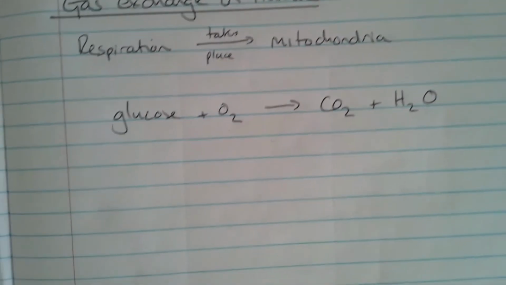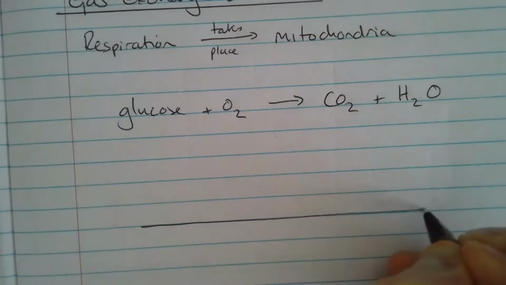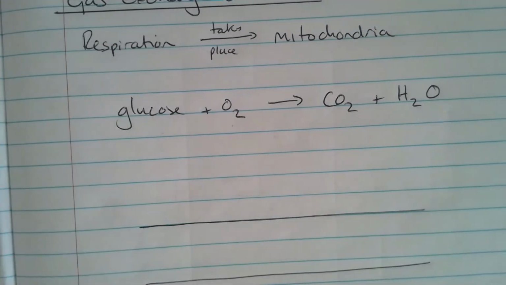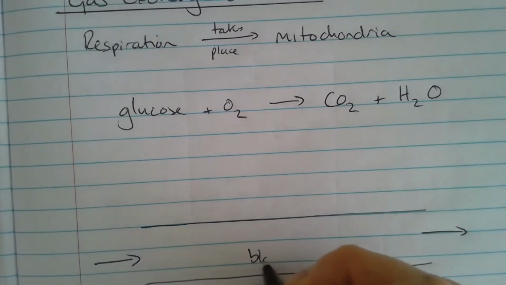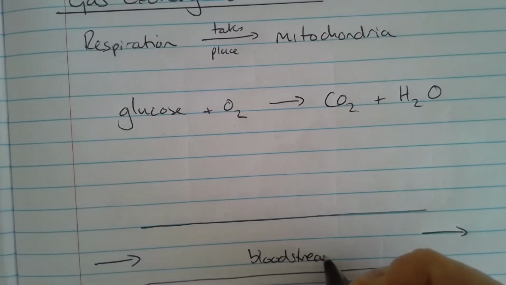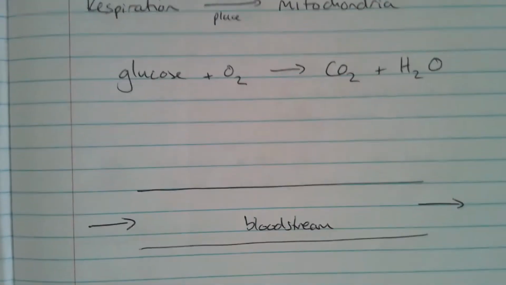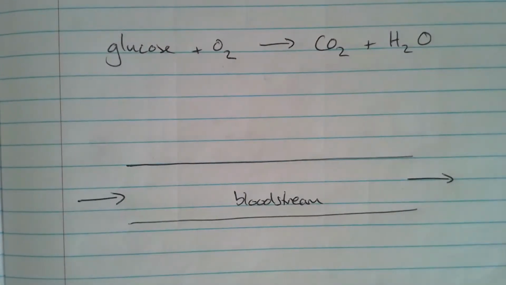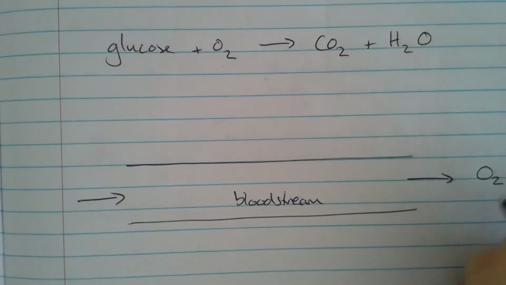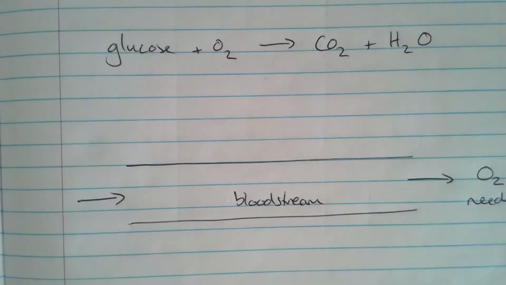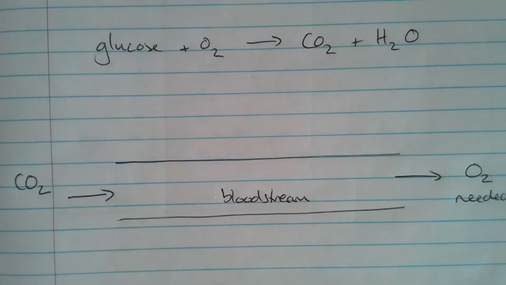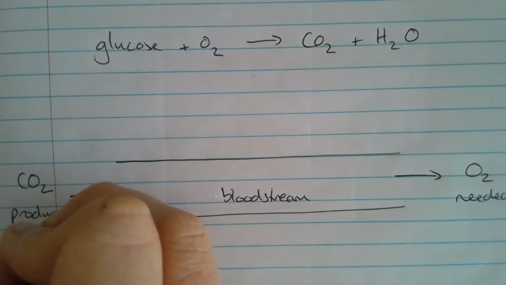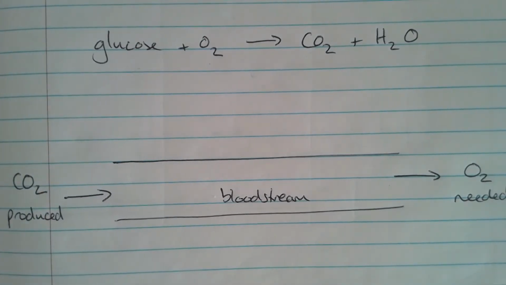So basically what happens is that we have our bloodstream, and our bloodstream is going to every cell in the body, and every one of those cells is going to be requiring oxygen, so oxygen is needed, and every one of those cells through the process of respiration is going to be producing carbon dioxide, and we need to find a way of getting that into the air, into the atmosphere.